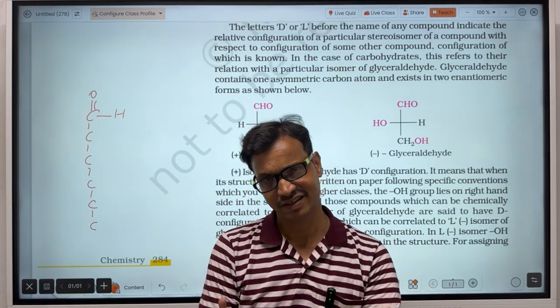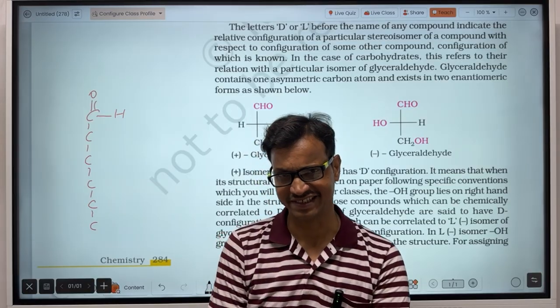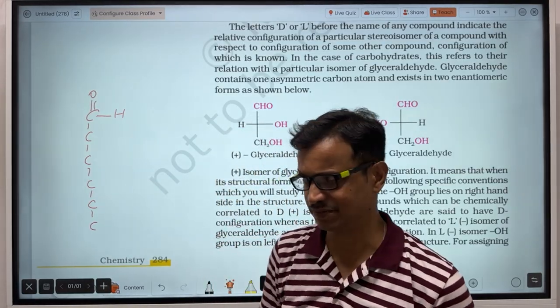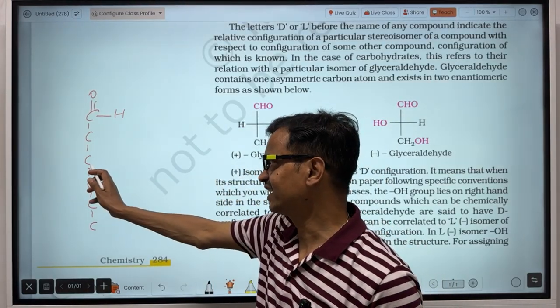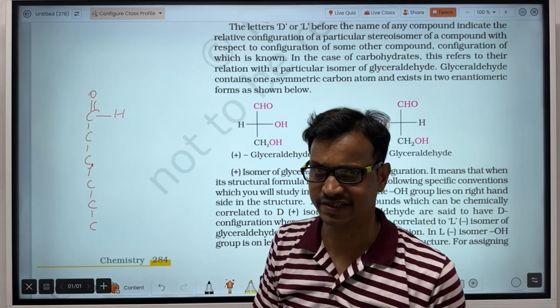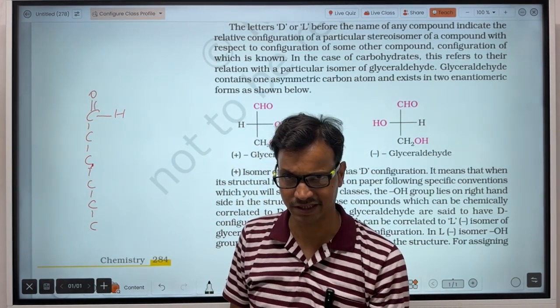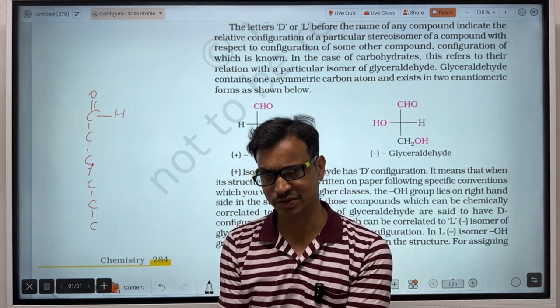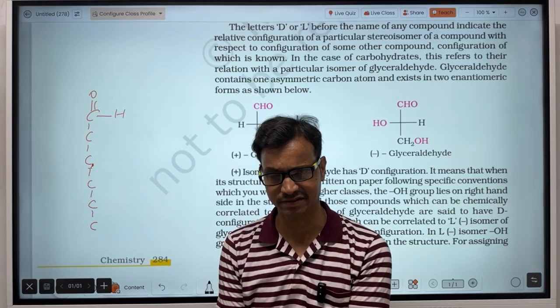Right, left, right, right. The OH group will be towards the left hand side only at the third carbon atom, and at the other carbon atoms the OH group will be towards the right hand side.